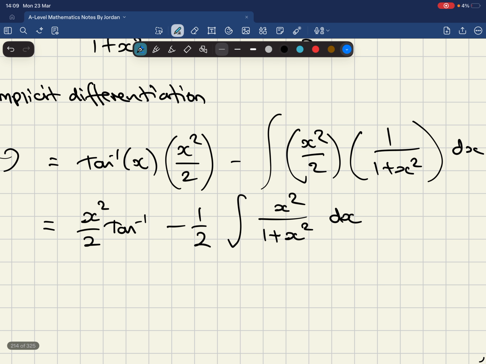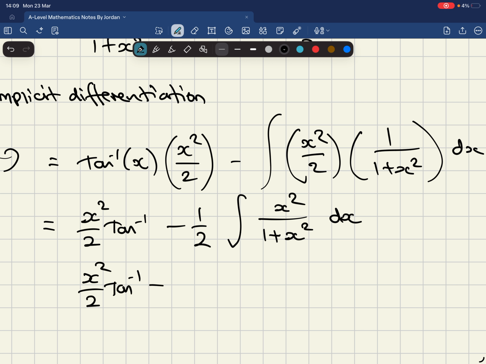Now I understand this might look a bit weird, and if you look at the denominator, if you had that at the top, then that could be split nicely into two fractions. This can still be split into two fractions, but it's just a little bit weird in how we do it. I'll show you what I mean.